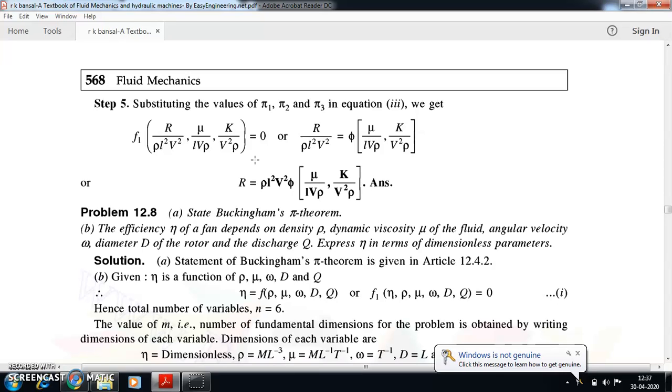Solve each pi term one by one, get the powers a, b and c for the different cases, and then return to your initial function which defined the pi terms and get the final relationship. This is an important video which tells you how to solve numericals based on the Buckingham pi theorem method. Thank you very much.